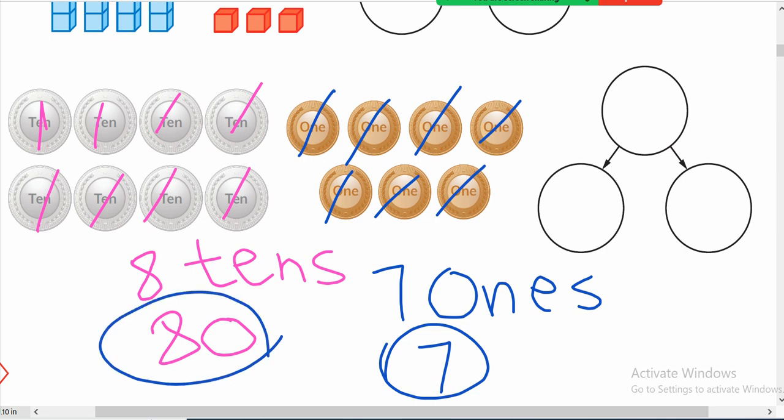Okay. Now we will write these numbers in the number bond. 80 plus 7 is 87. And it is 80 here and 7 ones.